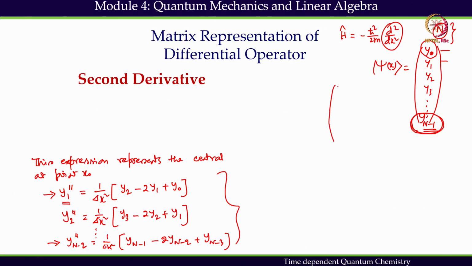So, I will write down the x grid representation like this. I have the wave function as y0, y1, y2, like this, up to yn minus 1. This is my wave function.